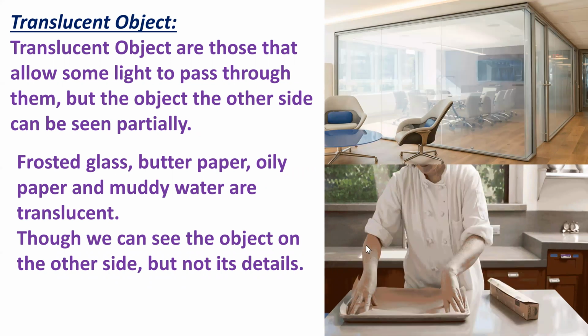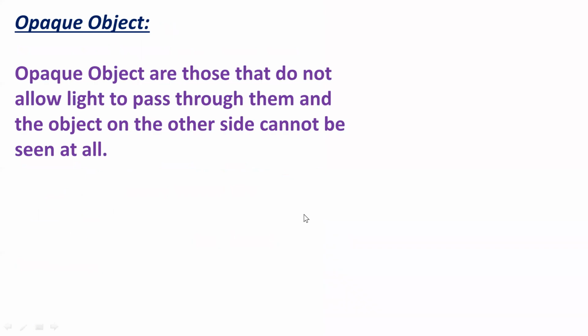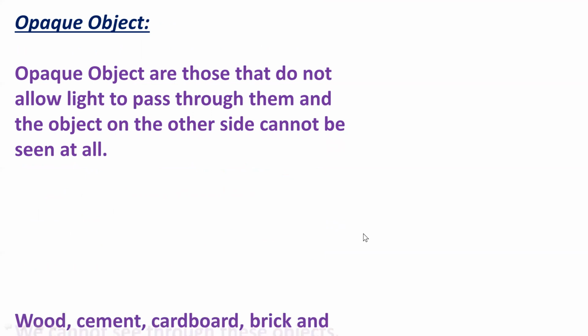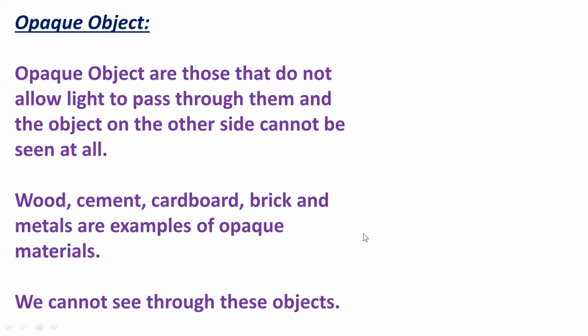Now the third one is the opaque object. Opaque objects do not allow light to pass through them at all, and we cannot see the object on the other side. In a transparent object we can see all the parts of the other side clearly. In a translucent object we can see some portion, not in detail.